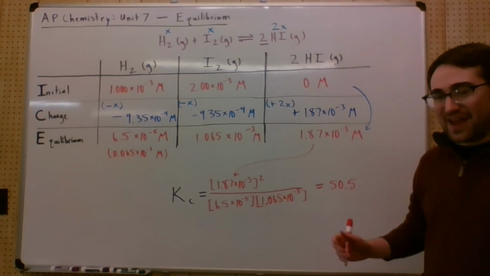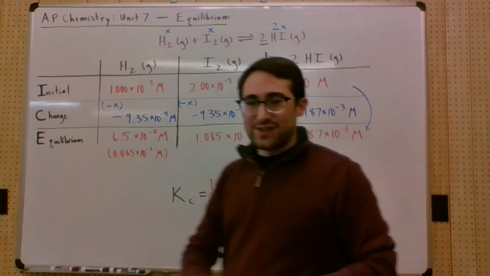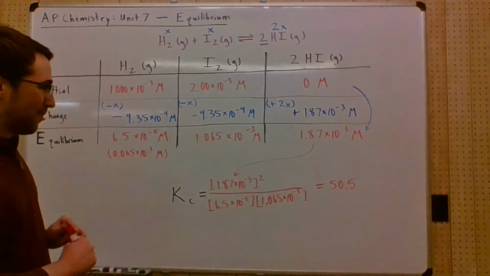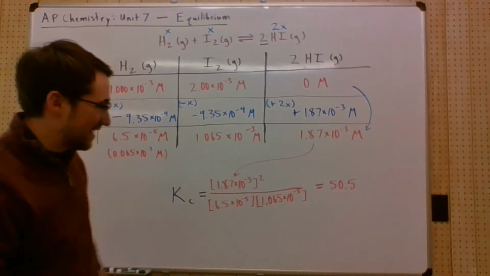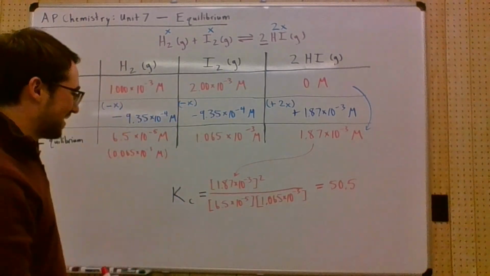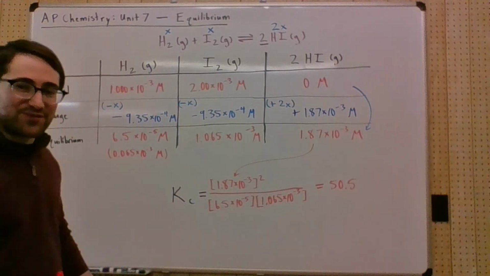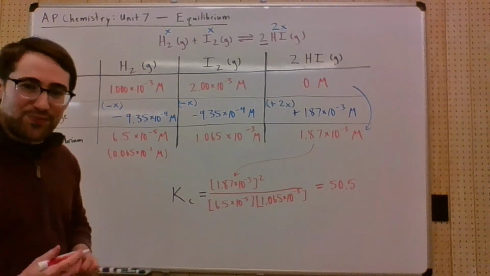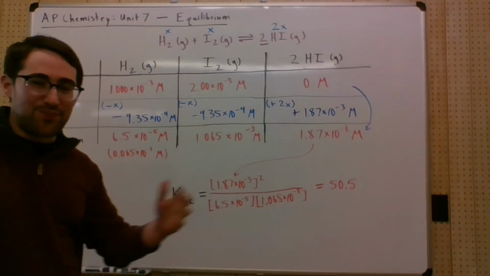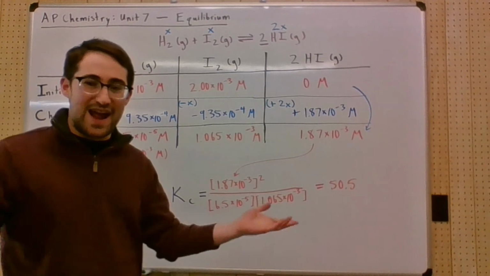In either case, this means that the reaction is pushing in the direction of the products. Since we have a number that is greater than 1, the number on top of this fraction is winning, so we have more products relatively than reactants.